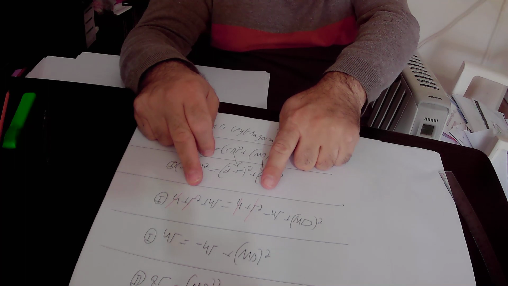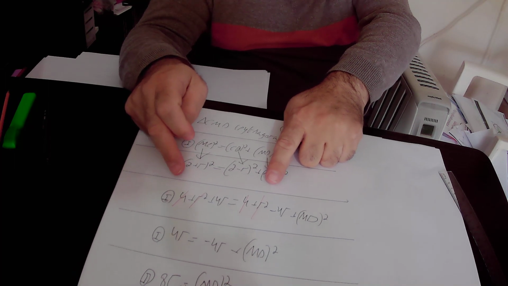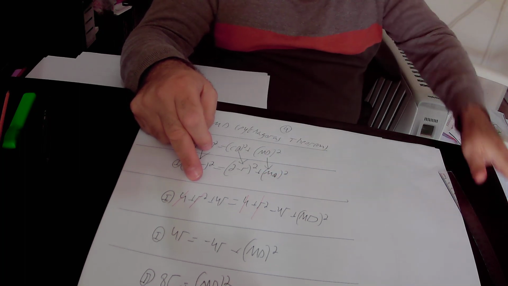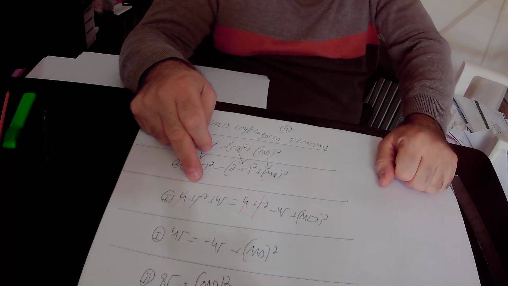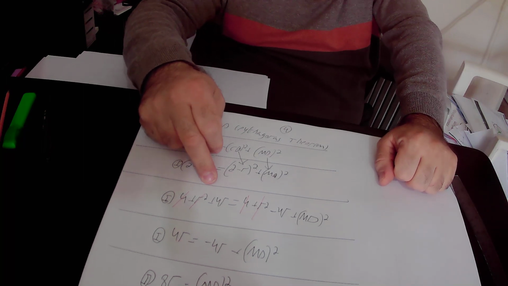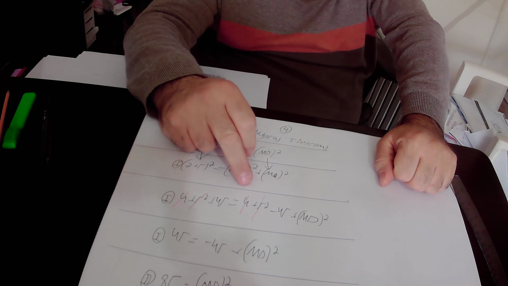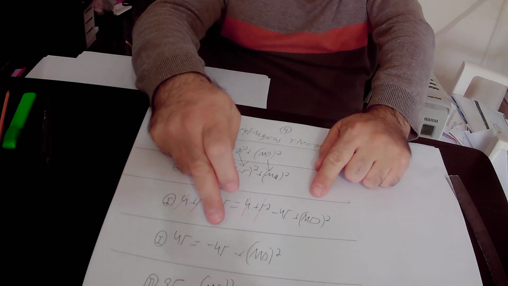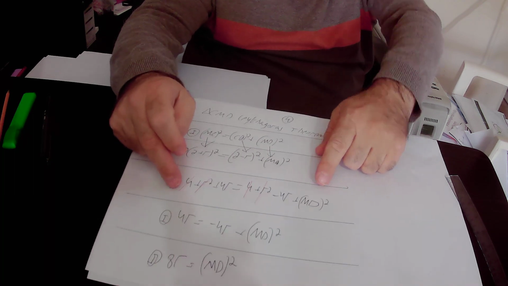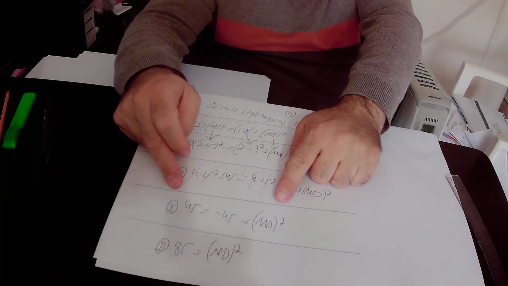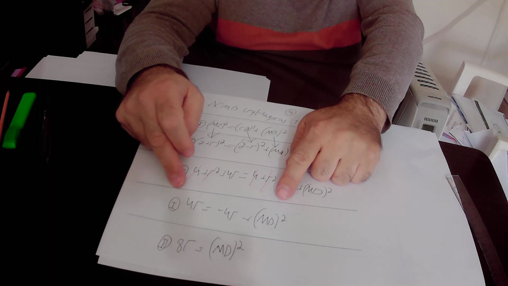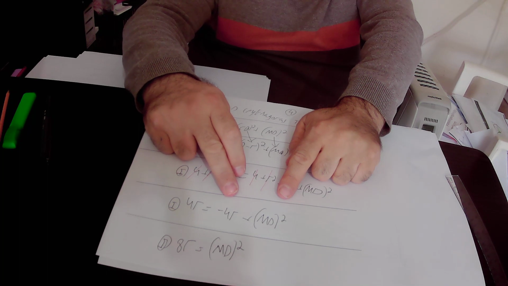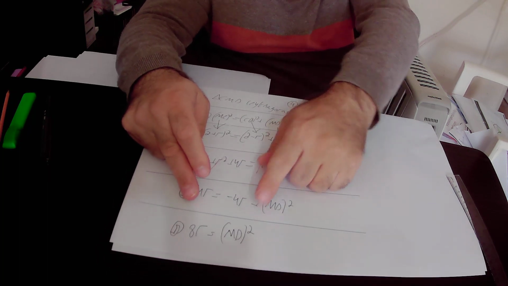What is left on this side is 4R, and on the other side it is minus 4R plus MD square. Here we added 4R to this equation, and we got that 4R plus 4R equals 8R, and 4R minus 4R is 0, so in total we got that 8R equals MD square.